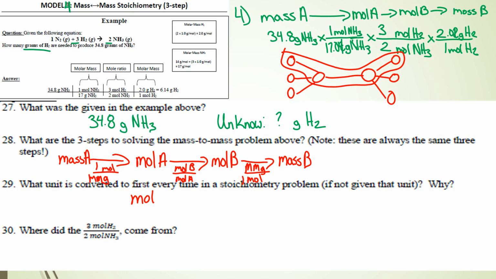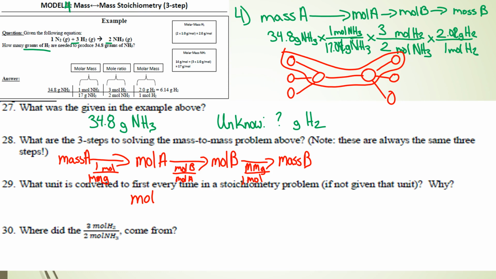And the reason why is because moles is the only thing that translates within a balanced equation. So when we balance the equation, we are balancing it based off of moles. I can't relate mass directly to mass. I can't relate volume directly to volume in this case when I'm looking at a balanced equation, but I can relate mole to mole.